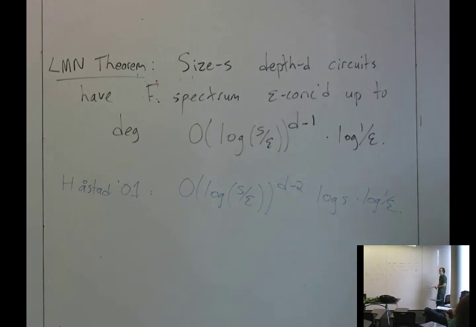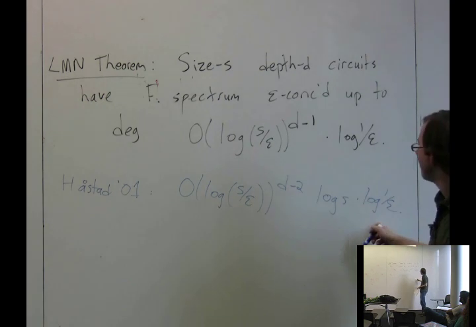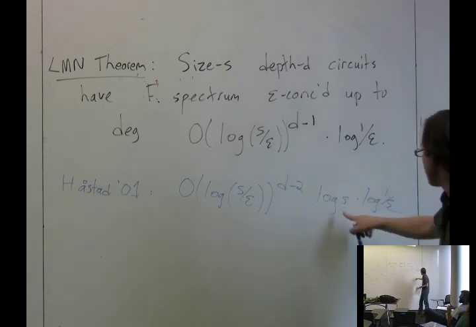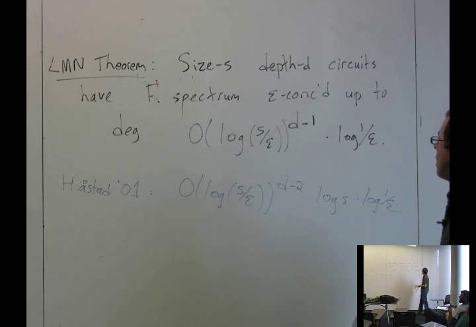What's the lower bound? It's of this flavor if epsilon is comparable to 1 over s. It's something similar to this, but for example, if d is 2, this is log s times log 1 over epsilon.